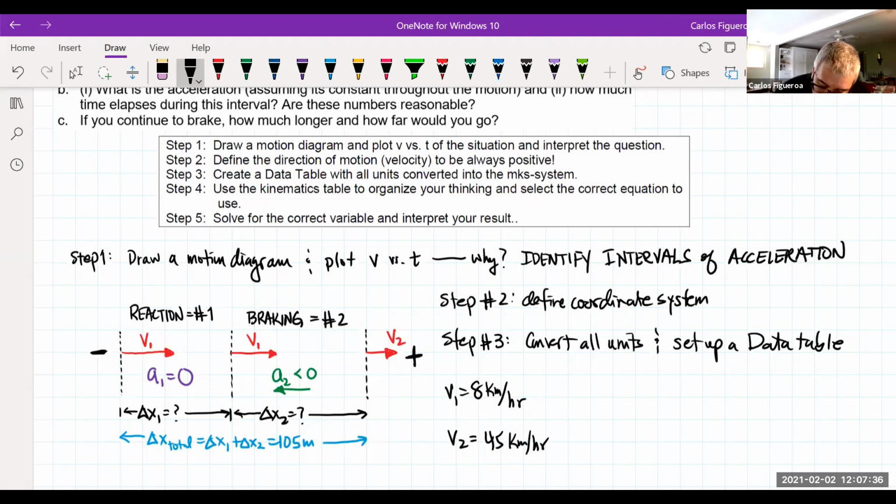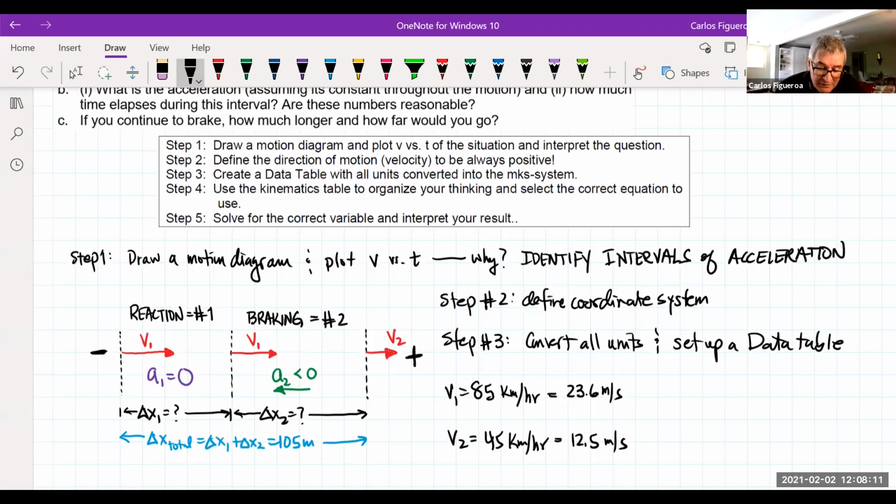And I see I missed the 5 over here, so let me put the 5 back. If I do the calculation, assuming that I did the right numbers, I convert this and it becomes 23.6 meters per second. And then this one is 12.5 meters per second. Now note, this is 3 significant figures, but in the end, I'm going to reduce my calculation all the way down to 2 sig figs. But for right now, that's what it is here.